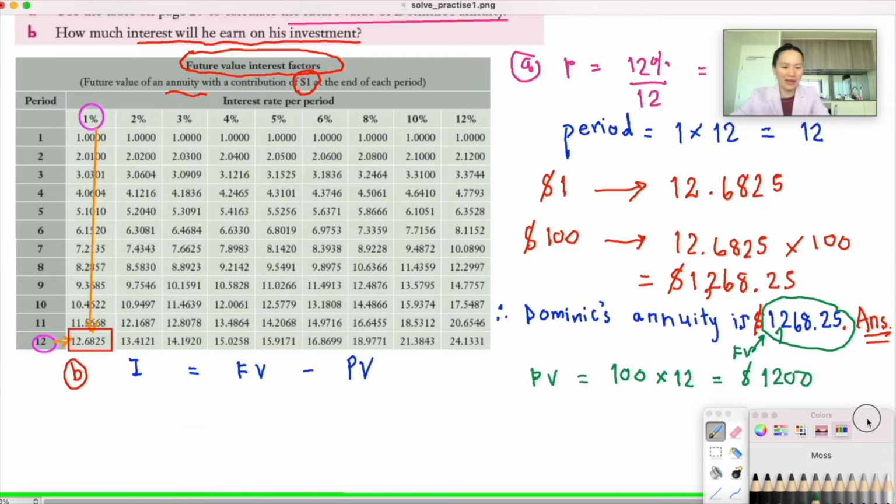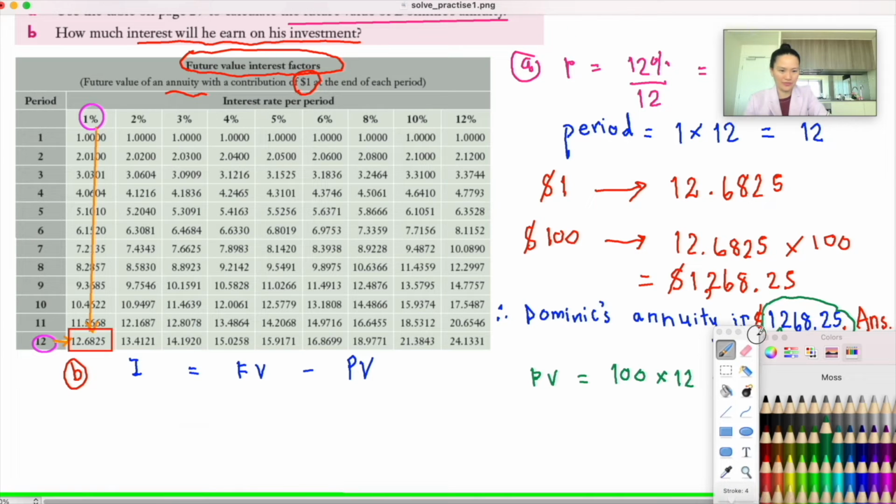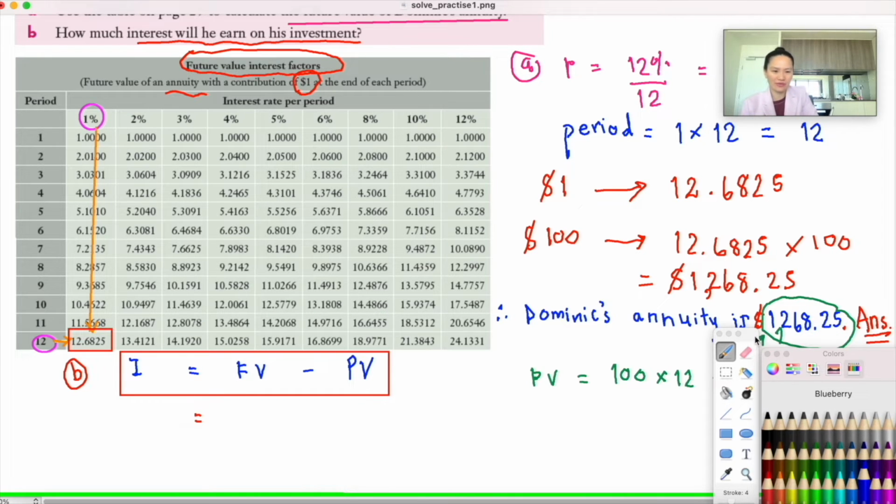Your interest earned here. I'm going to make the frame for you. Let me write it out properly for you. We're going to use this formula, I equals FV minus PV. Our FV equals 1268.25.